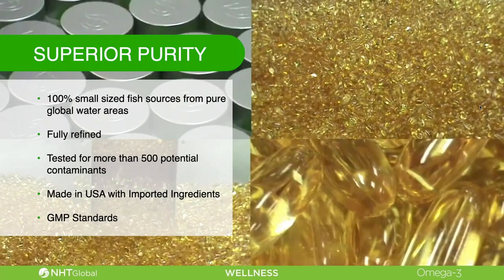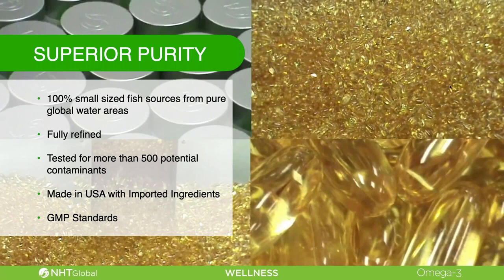We use smaller fish with shorter life cycles to help in purity, and we source from pure global waters that are certified Friend of the Sea, meaning the waters are pure, the fish are harvested in a sustainable way, and the whole process all the way through has respect for the environment.